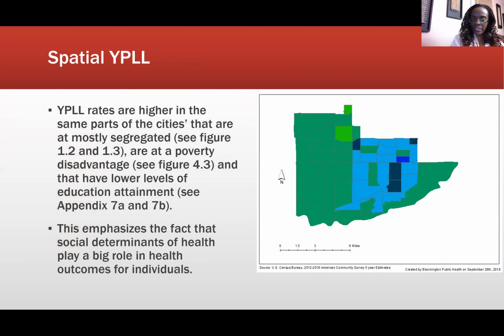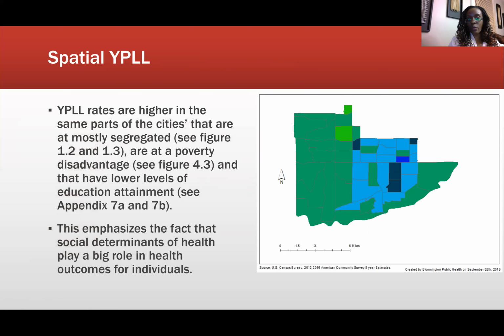I don't have all the other data that I'm referencing, but I just wanted to showcase that when you highlight it in a map, you can tell that, for example, the darker areas are higher YPLL. And so you could tell which areas are more affected. So I mapped out poverty, I mapped out education attainment, and I mapped out segregation.